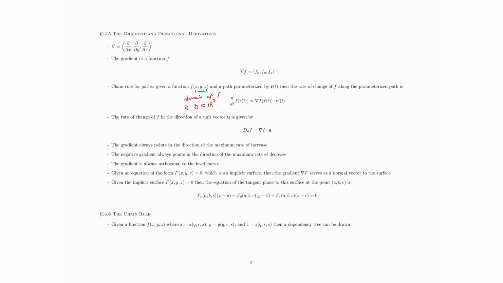The domain is 3-dimensional. So if the domain is 3-dimensional, more or less, or at least we have that possibility, then we can think of a path in the domain. So that's what R is.